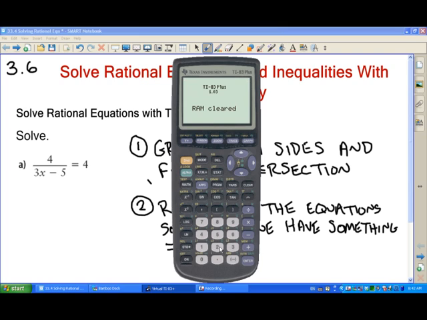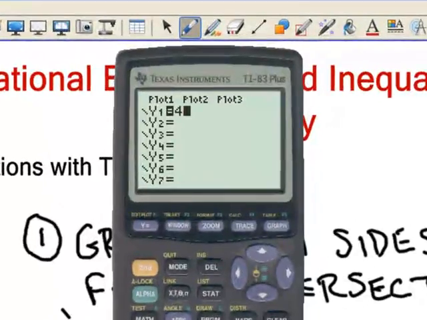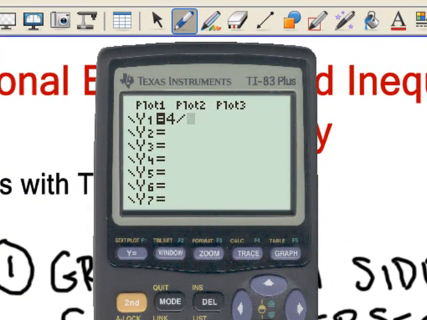So I've reset my memory, and now I'm going to graph the left-hand side. You want to make sure that you're including brackets properly, because otherwise your function is going to graph this using strict BEDMAS rules.